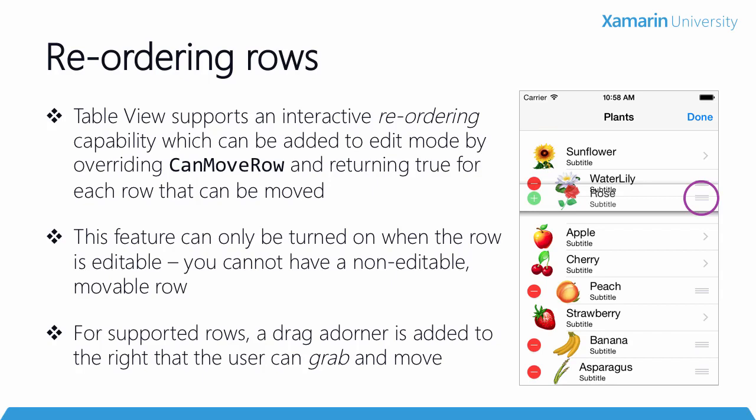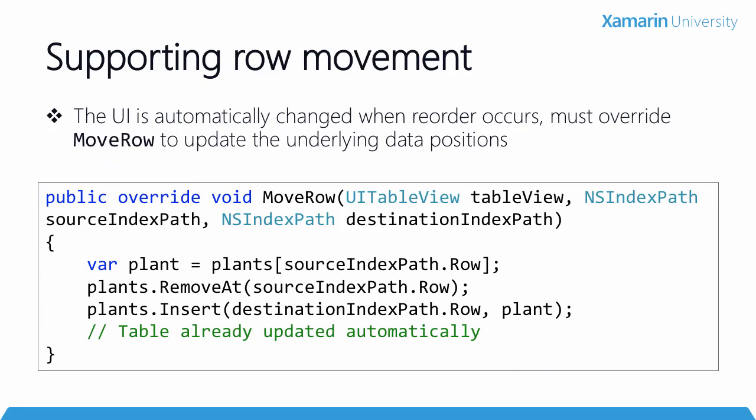Also, the row itself must be editable. That means the canEditRow method must also return true for the row to enable this feature. If both of these methods agree, then a row movement adorner is added to the end of the row, as you can see here. This can then be touched and dragged to reposition the row. When the drag operation is complete, the delegate's moveRow method will be called to indicate the original and the final position of the row.